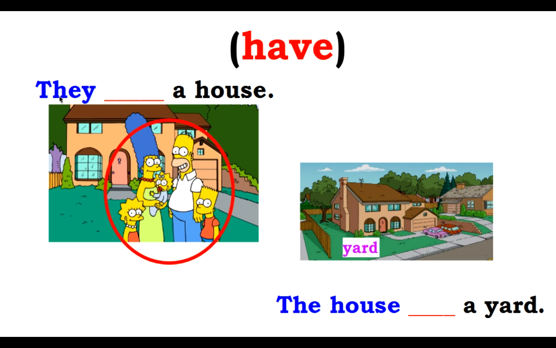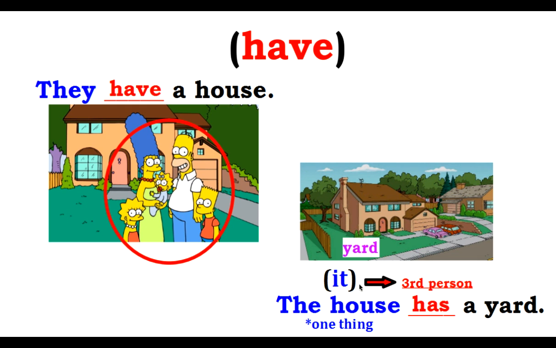For example, they have a house, the normal form. But the house has a yard. Remember, the house is one thing. For example, it is one thing. So the house, we use third person conjugation, has. Very good.